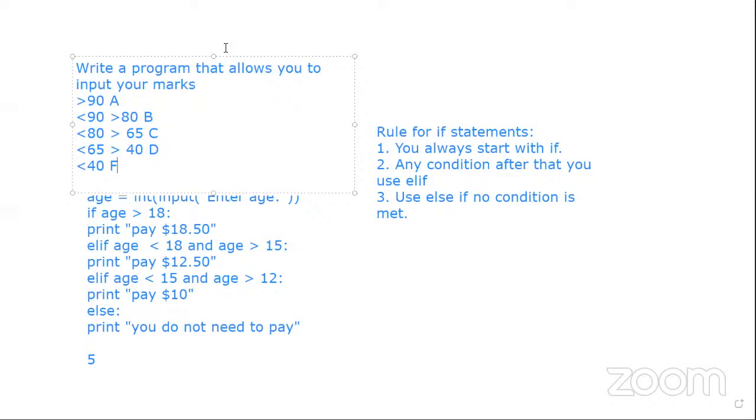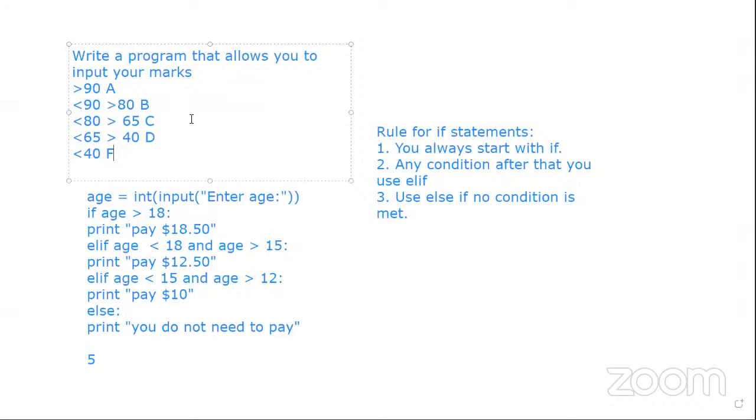So this is very similar to the age program, except this time instead of inputting an age, you're inputting marks, and instead of outputting how much you have to pay, you're outputting the grades. But the concept is the same.